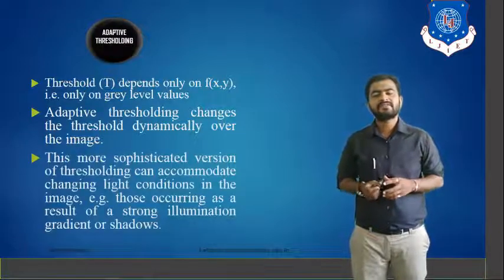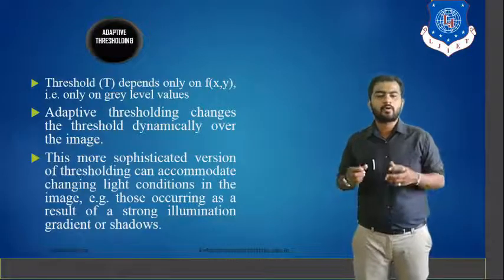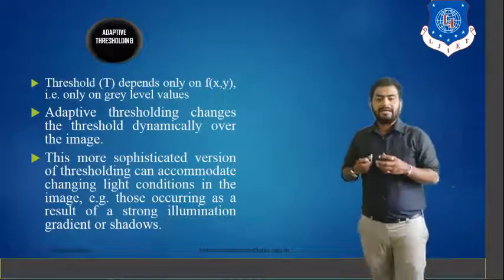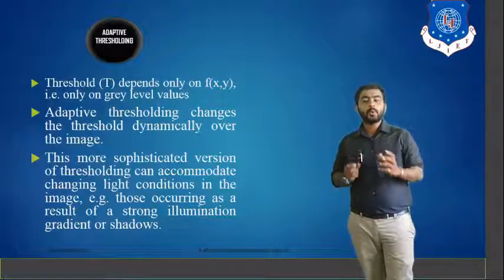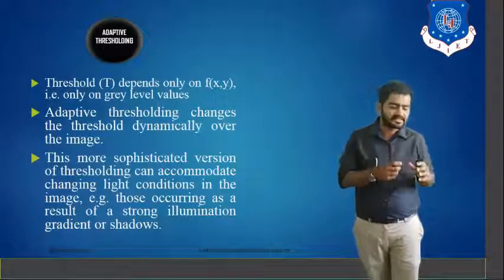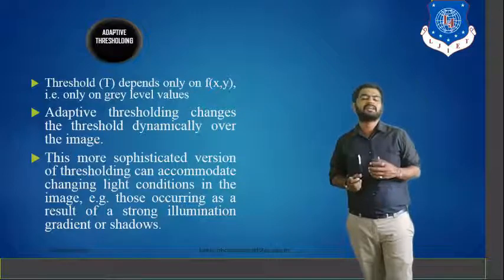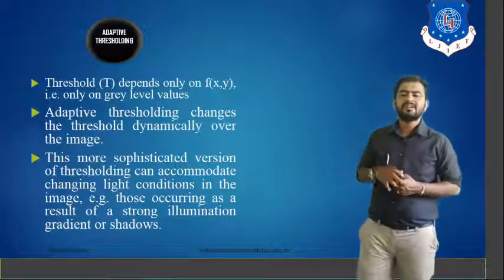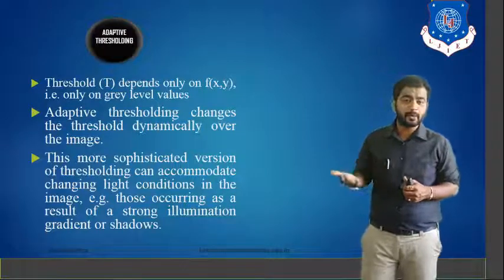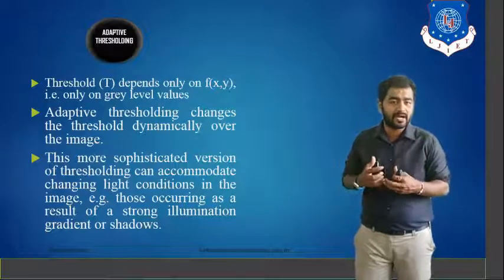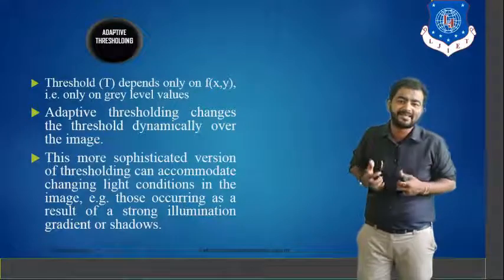This is a more sophisticated version of thresholding that can accommodate changing light conditions in the image. It means those occurring as a result of a strong illumination gradient or shadow. So the adaptive thresholding technique is much better than the local thresholding technique, and it gives you an advanced approach compared to the existing one.